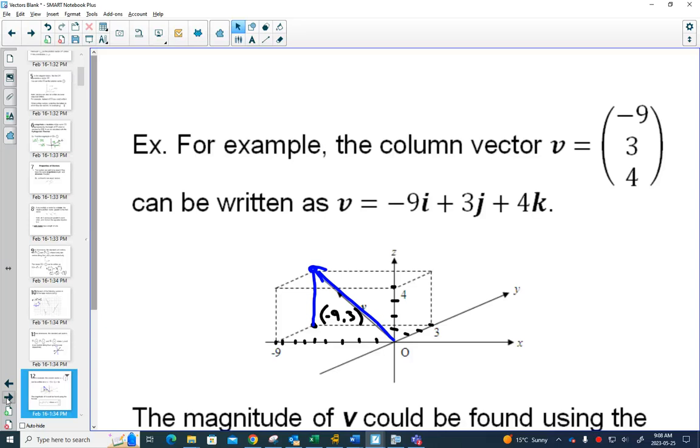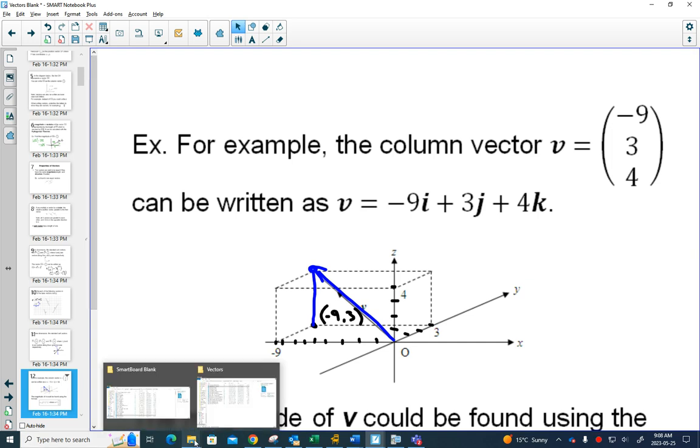So what this diagram is sort of showing is creating that rectangular box with all 3 dimensions, and then you're joining one corner to the other corner. Now, how long is that? How long is that vector on the blue line?